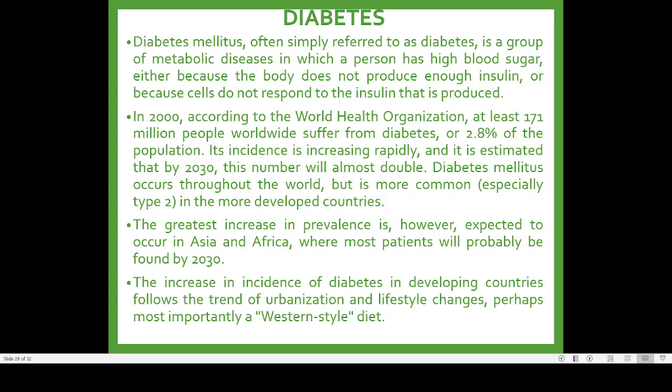Pancreas is the entire gland, and one part of that gland is known as the islets of Langerhans. That part produces the hormone known as insulin.